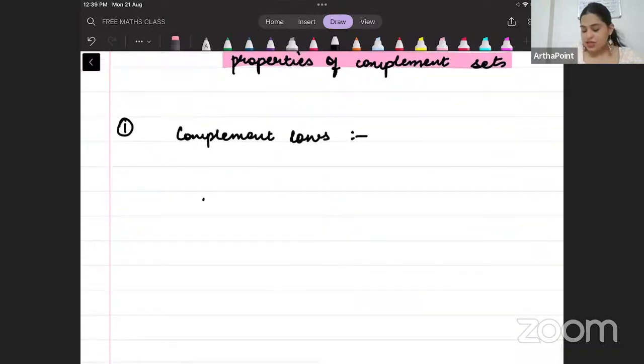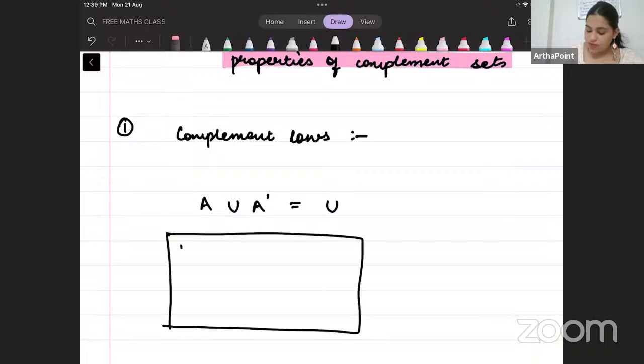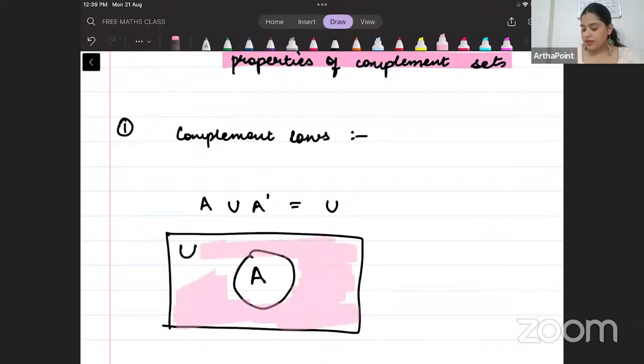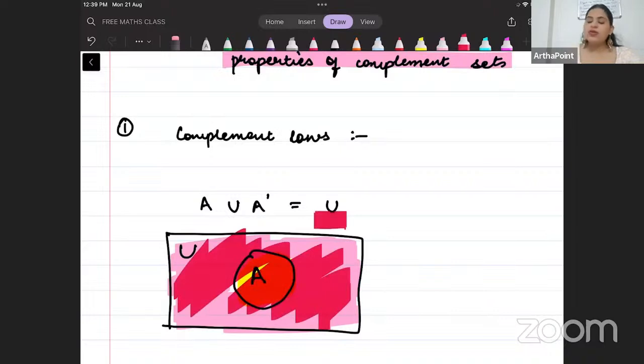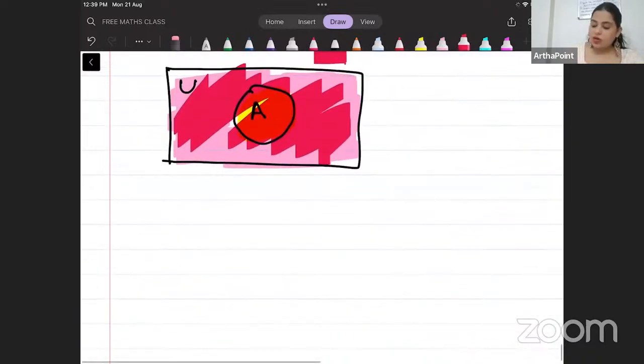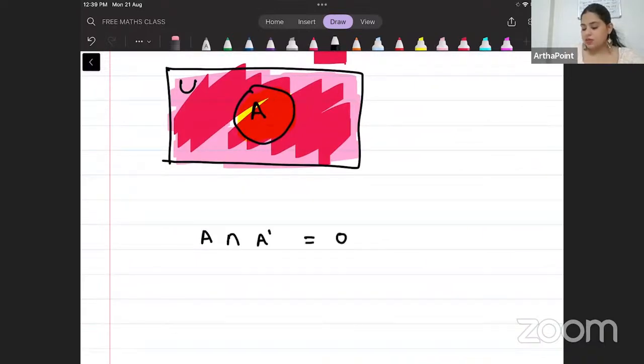This property says that A union A complement is the universe. Pay attention, beta. This is the universe. This is A. What will be the complement of A? Anything other than A. This is A complement. Now, if I do the union of A with A complement, won't I simply get everything here? That means I will get the universe, right? Second law. A intersection A complement is null.